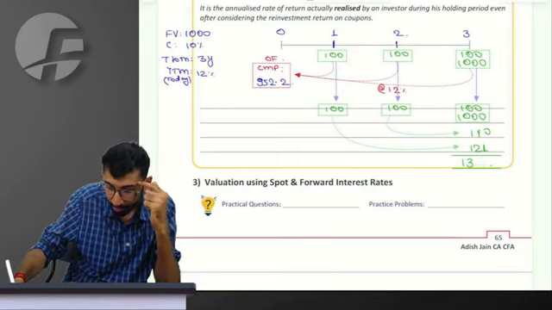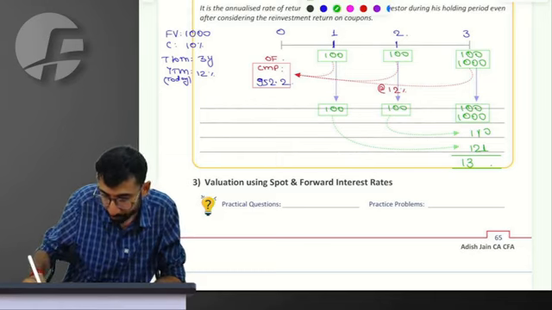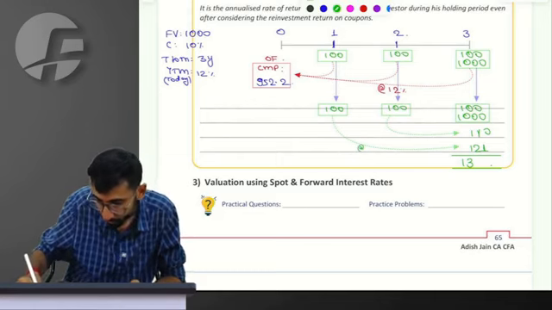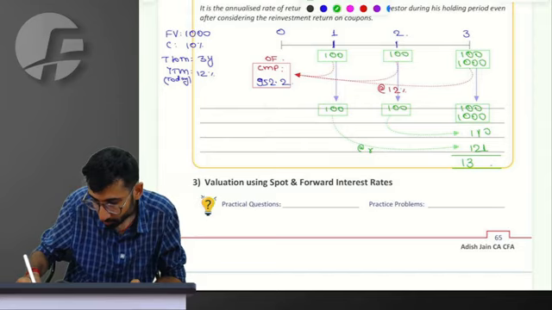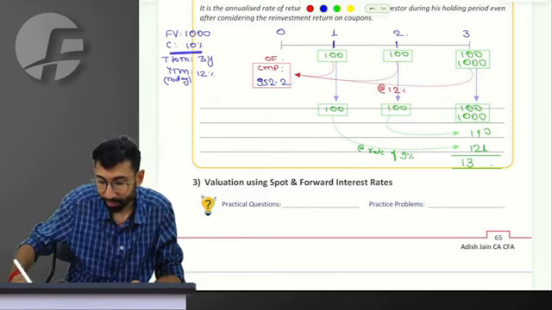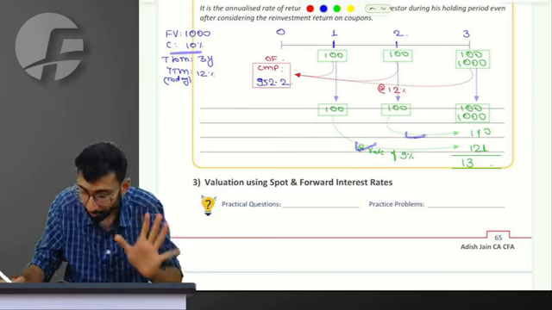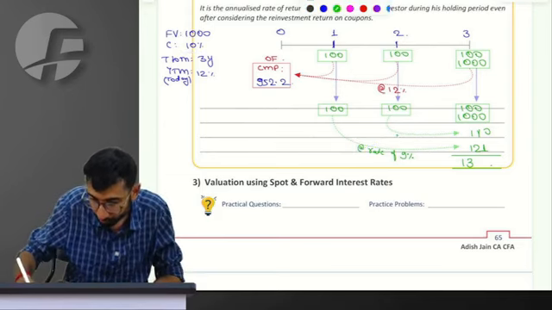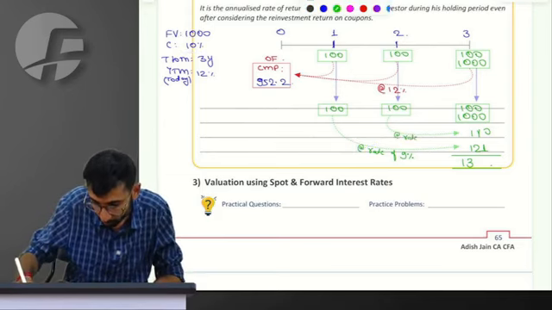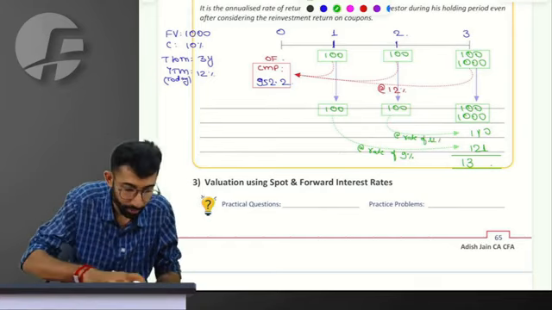Because otherwise, what will happen? You will get confused. Because my coupon is 10, if I keep the reinvestment rate also as 10, you will get confused. Rather, let me change the rate. So let me invest the amount randomly.